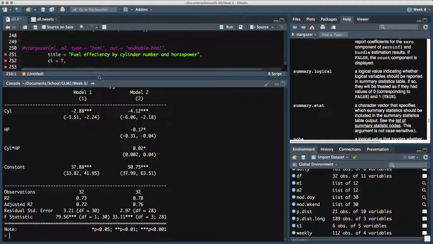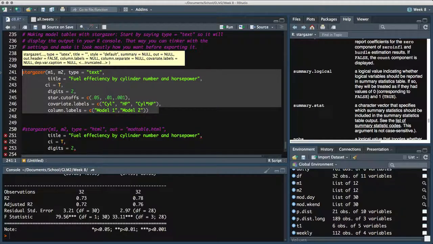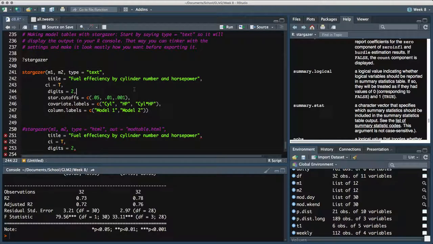Anyway, the point is that you can play with all this stuff, and Stargazer does more than model tables. You can also do summary descriptive statistic tables. If you look up Stargazer on Google, you can find where people show how this other stuff works.